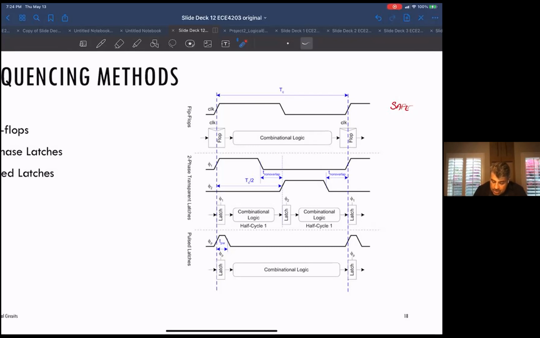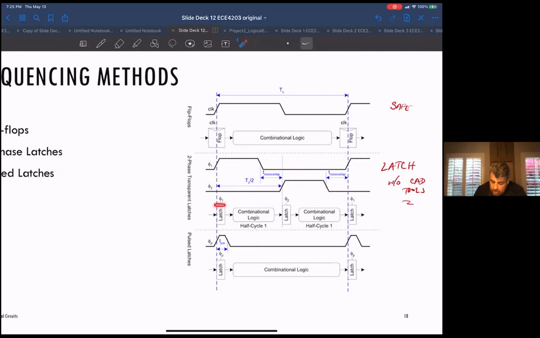Then you have latches with a two-phase clock. That is something the book likes because it's a way to build a latch-based design without using CAD tools. You can control things if you have two phases of clock that are completely non-overlapping.